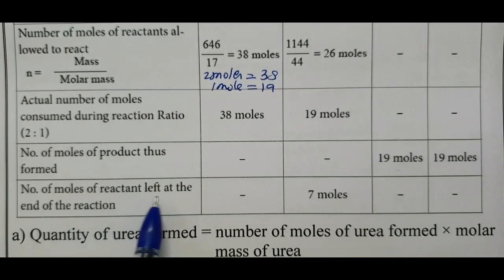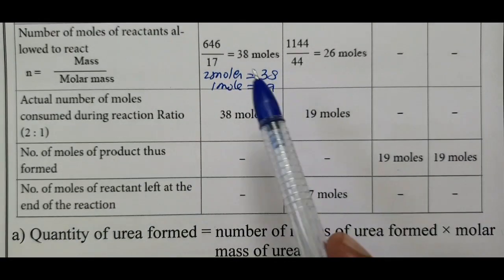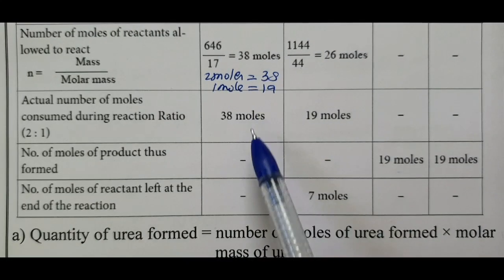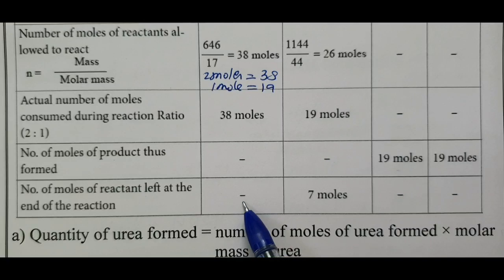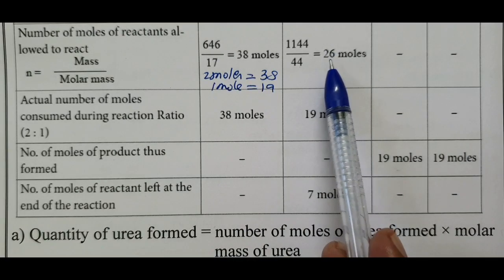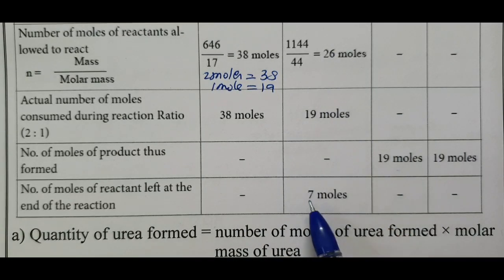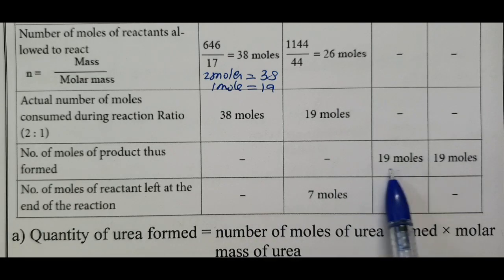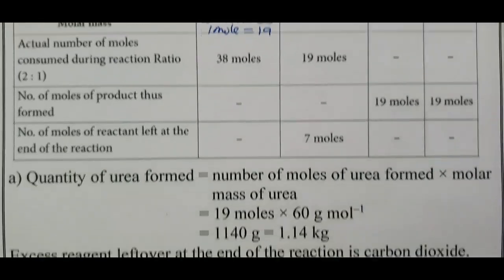Number of moles of reactant left at the end of the reaction, 38 moles we started, 38 moles undergo reaction, 38 minus 38 equal to 0. 26 moles minus 19 moles will give 7 moles. This is excess reagent, this is limiting reagent. Number of moles of urea formed 19, number of moles of water molecule formed also 19.